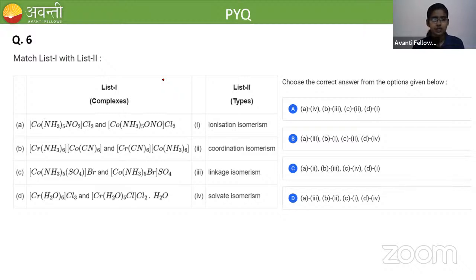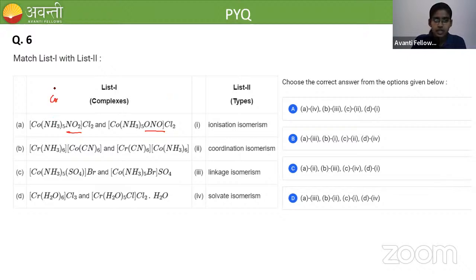So just see option 1, the first complex. We have NO2 and ONO. So what is this? It is an example of linkage isomerism. The atom which is attached to the central metal atom differs.